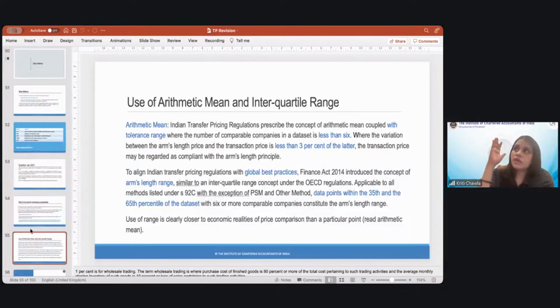But if you have comparables up to five, then you still use the arithmetic mean. So for two, three, four, five comparables, you use the arithmetic mean. After that, you switch to the concept of the arm's length range. The arm's length range that we use in India, as I mentioned, is the 35th to 65th percentile of the data set. But the one used outside India, as mentioned by the OECD, is the 25th to 75th percentile.